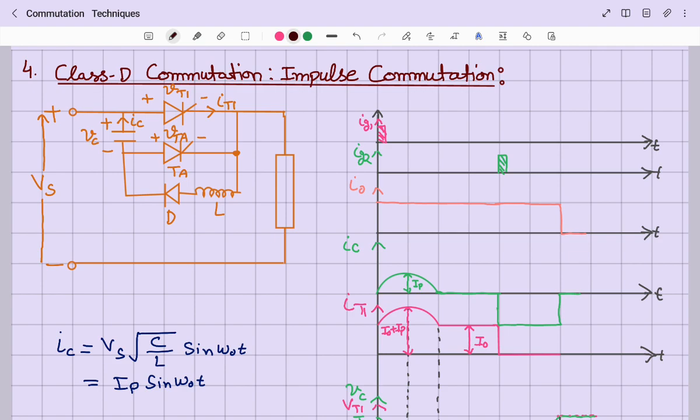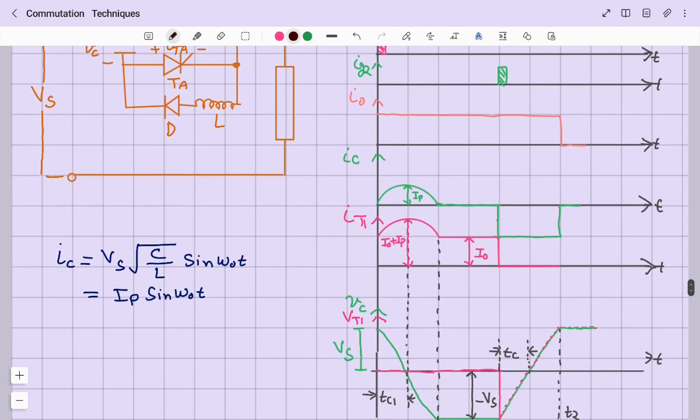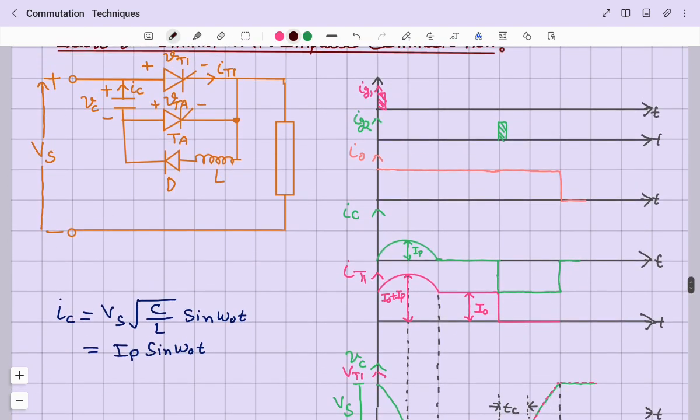Now the next commutation technique is class D commutation. It is also known as impulse commutation. Here you can see that the initial capacitor is uncharged.